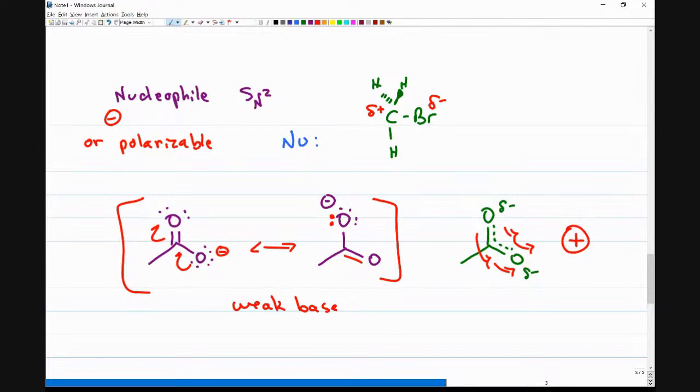All of the negativity goes towards that spot where the positive is, right here. And then when that negativity is all concentrated, it is able to attack the carbon. For this reason, if you have something with resonance that you can polarize, the resonance makes it a very weak base, but the ability to polarize makes it a very good nucleophile, even if it's technically a weak base.